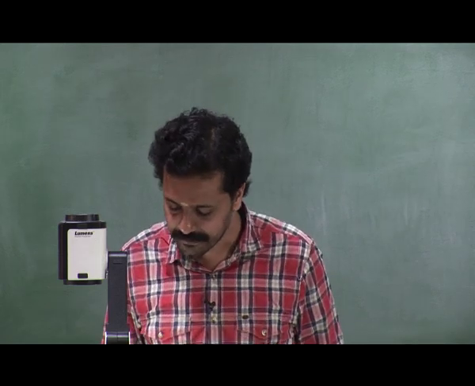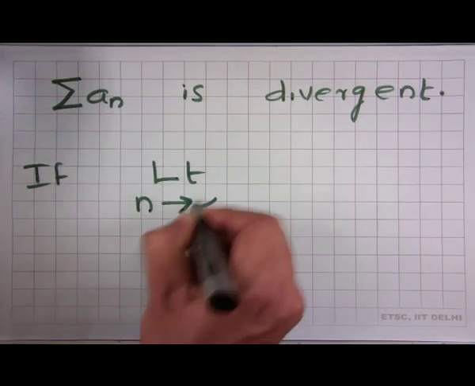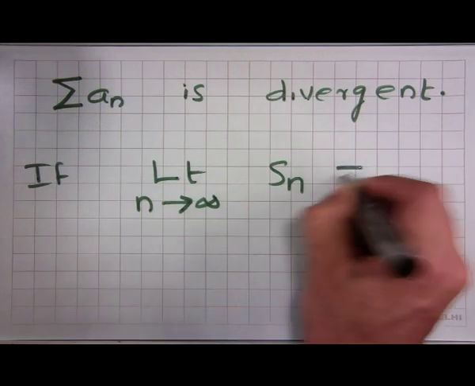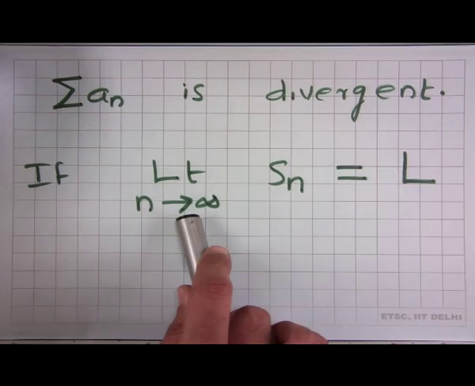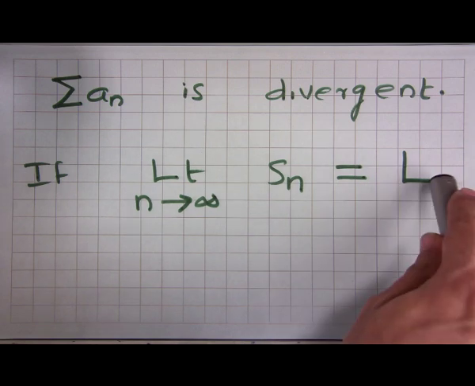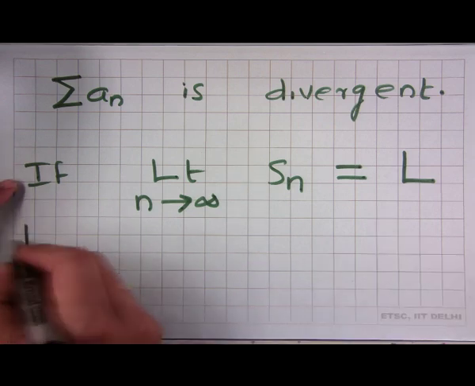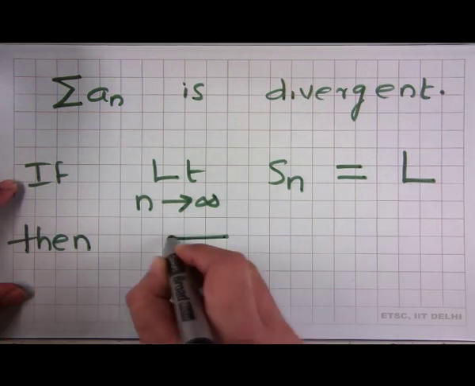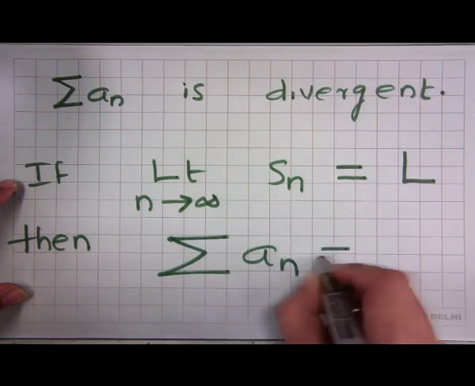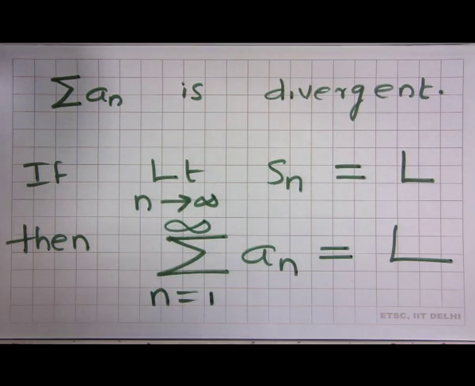In notation, if limit n tending to infinity Sn is equal to L, meaning the terms of sequence Sn become close to L as n becomes larger and larger, then we say summation an is equal to same L, and that L is taken as the sum of this infinite series.